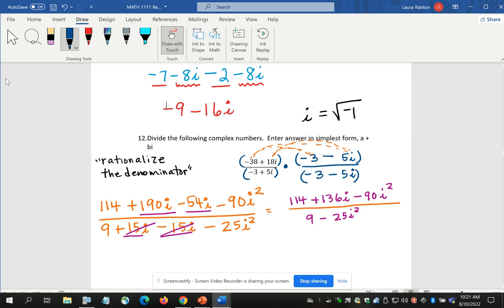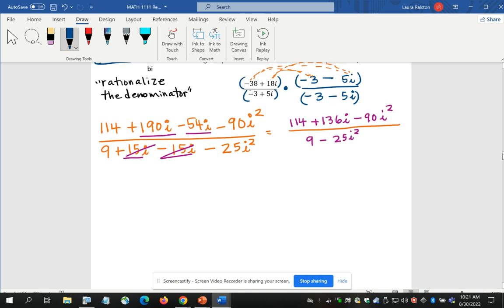I squared by definition is always equal to the real number -1, and you should never ever have an i squared left in the answer to a problem. So I need to replace this i squared with -1. I'm going to do the math.